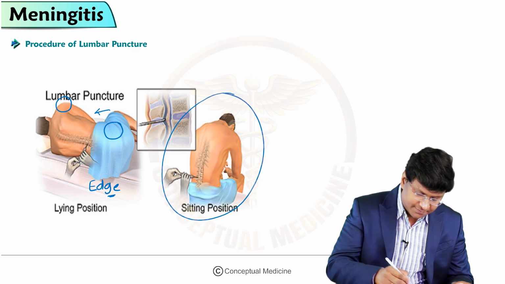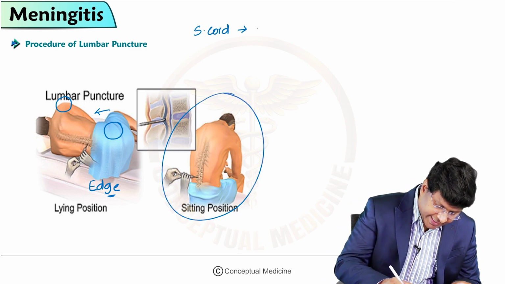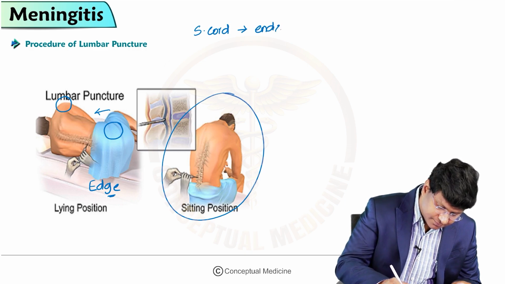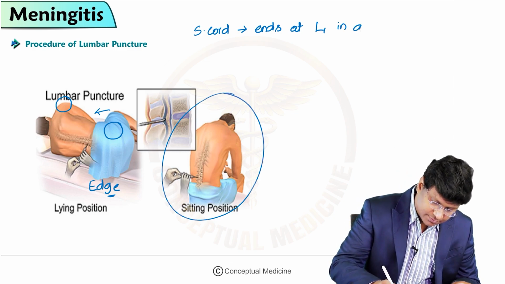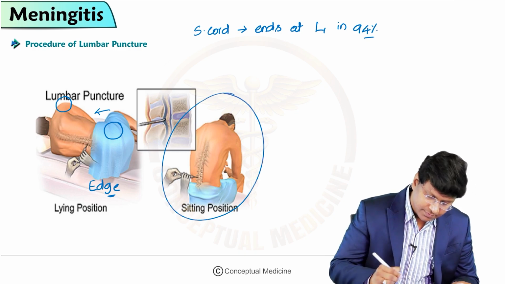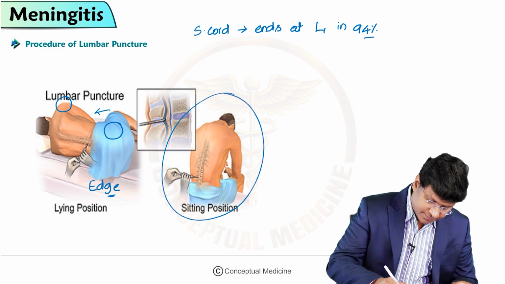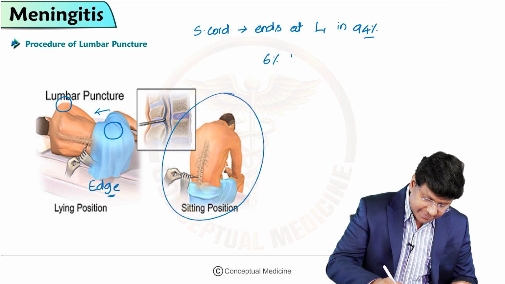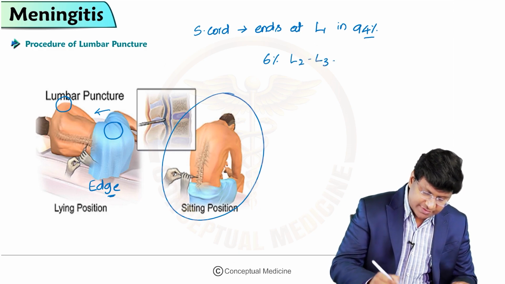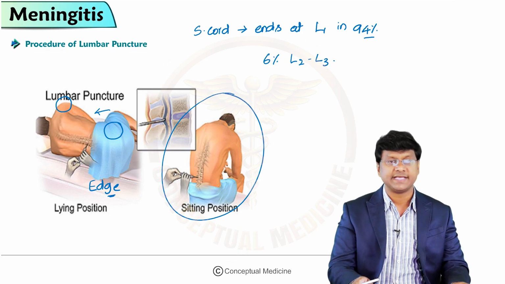And the spinal cord ends at L1 in 94% of individuals, whereas in 6% of patients, it will terminate between L2 and L3.